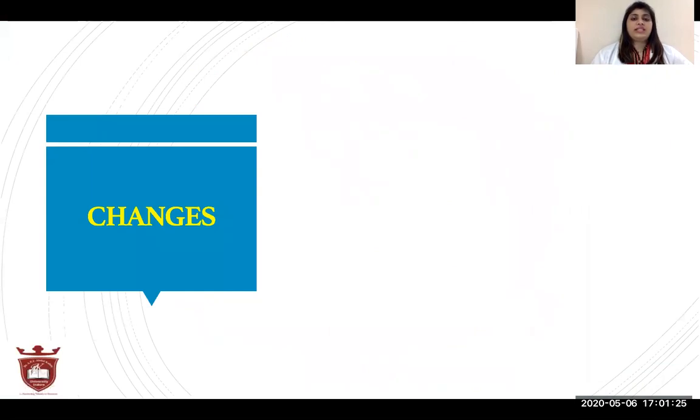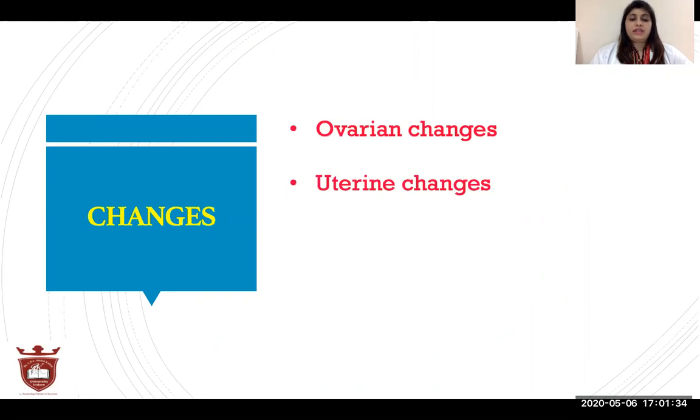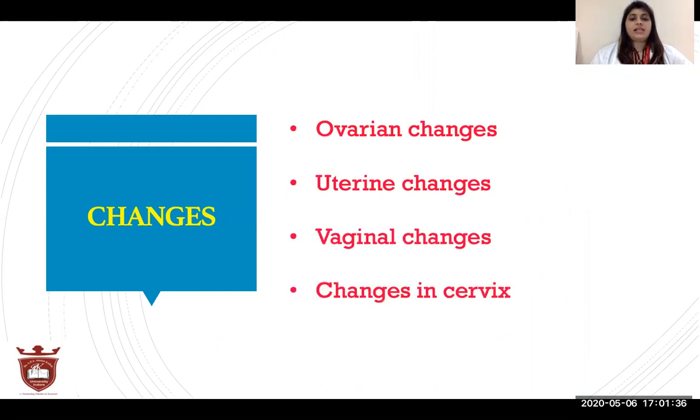What are the changes we can see during the menstrual cycle? Ovarian changes, uterine changes, vaginal changes, and changes in the cervix.